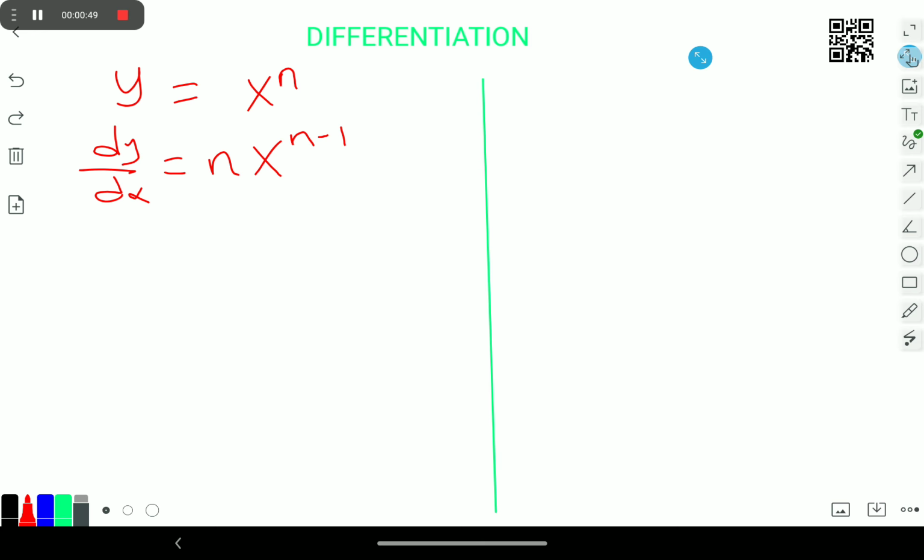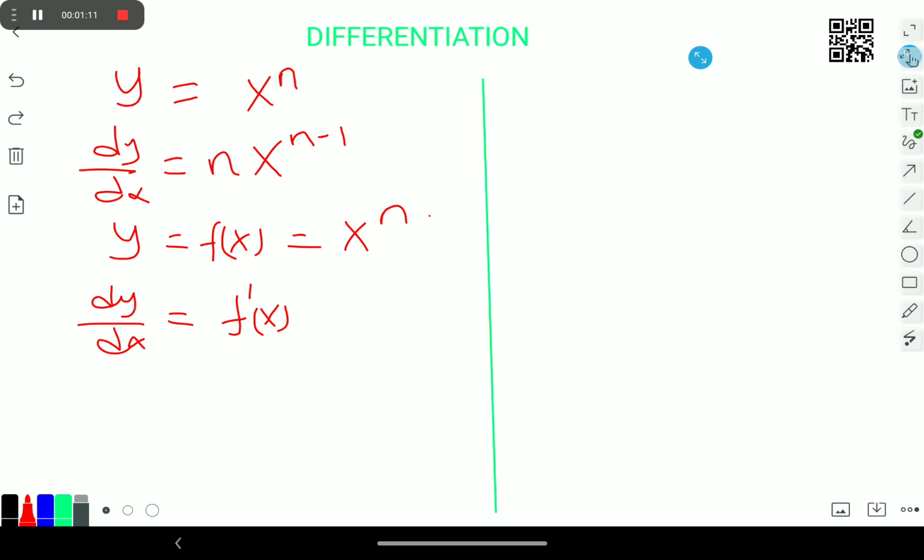That is the general formula, meaning that for any function y equals f(x) where x has a certain power, we have dy/dx, which we write with a prime, equal to n times x, and then we reduce the power by 1. So that is the general definition of differentiation.